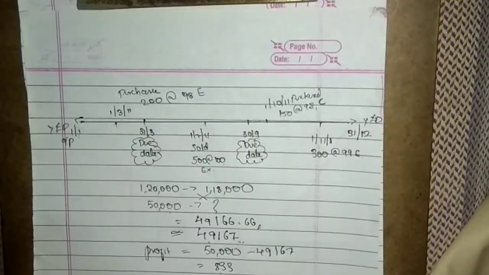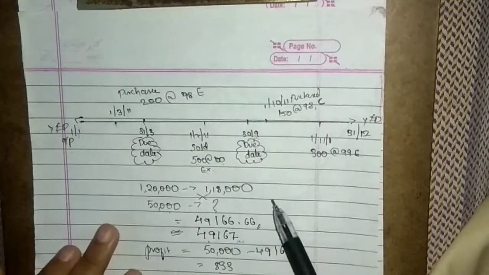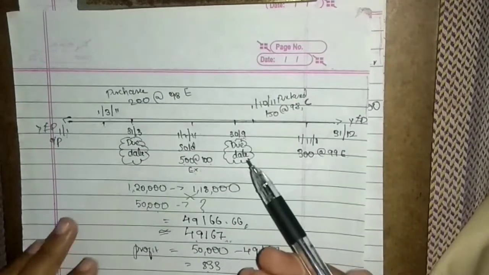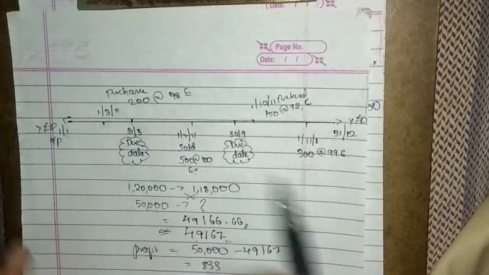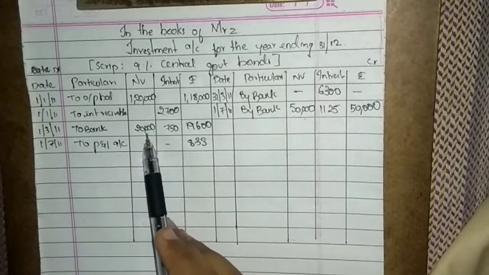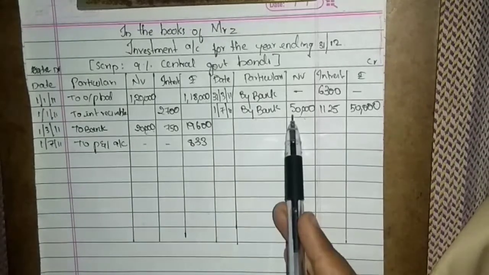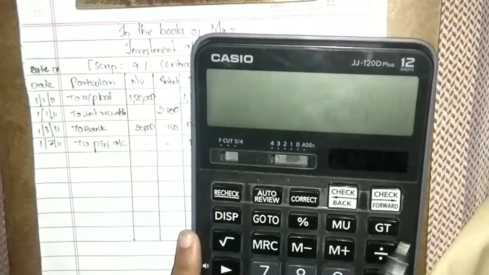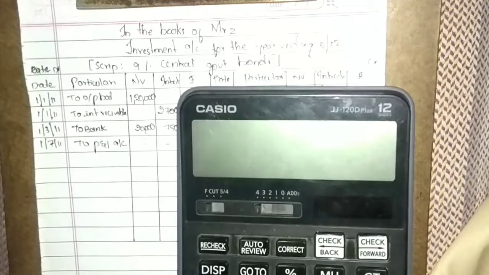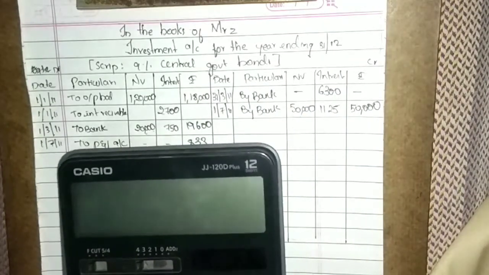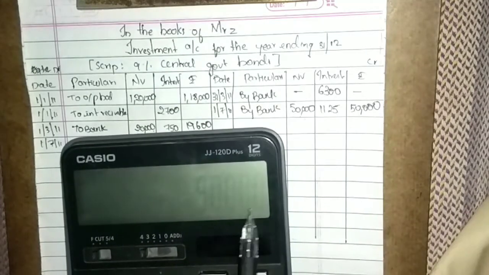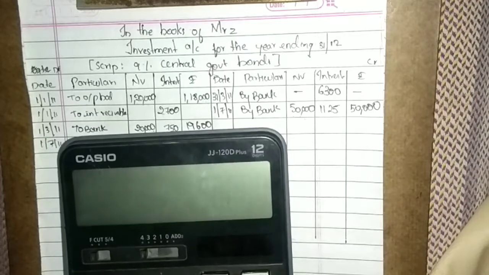Going to our next scenario. Our next scenario is the due date. So the due date has come and we need to pay the interest for the following stocks which we had in the earlier period. We had 1,20,000 plus 20,000 and we sold 50,000. So the balance is 1,20,000 plus 20,000 minus 50,000, so the balance is 90,000. On the 90,000 face value, we are going to put the accrued interest.